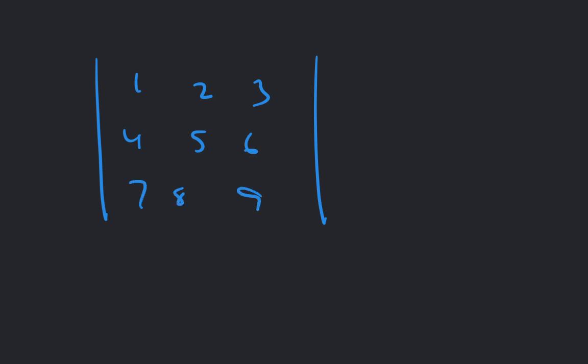Let's first start with a 3 by 3. So a 3 by 3, let's say 1 2 3 4 5 6 7 8 9. What you do first is you're going to go with the first horizontal row.